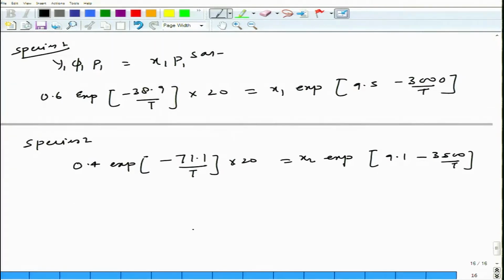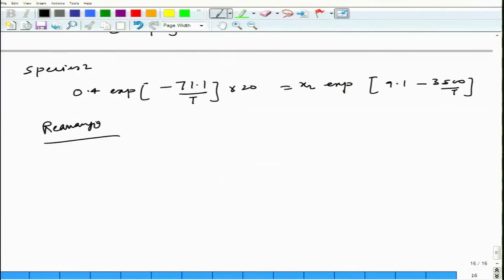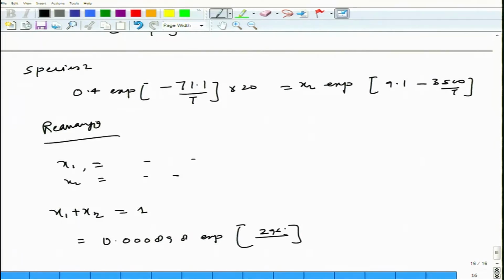Now, these two expressions we can rearrange. If you rearrange the expressions, we get x1 and x2 as functions of temperature. Then we can make use of the fact that x1 plus x2 is equal to 1, which in this case gives 0.000898 exponential of 2961 by T plus 0.000893 exponential of 3429 by T is equal to 1.